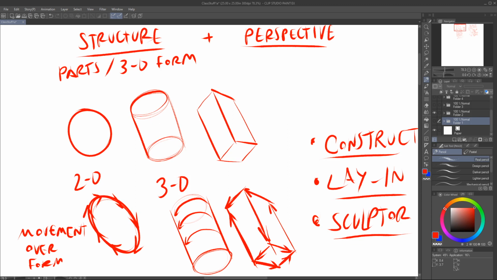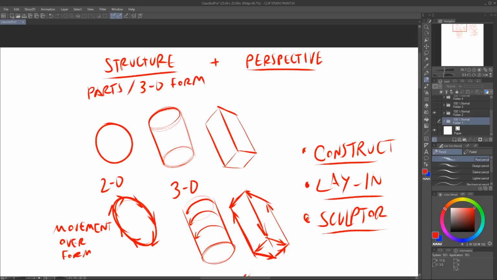One of the key concepts to keep in mind about structure is movement over the form. This is movement over the form right here. This is movement in 2D right there. This is movement over the form right here. This is also movement over the form, these angles right here on this cube.